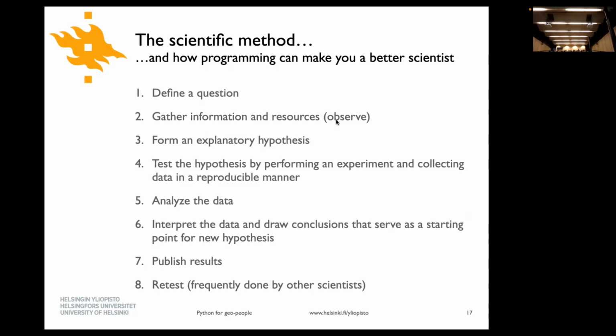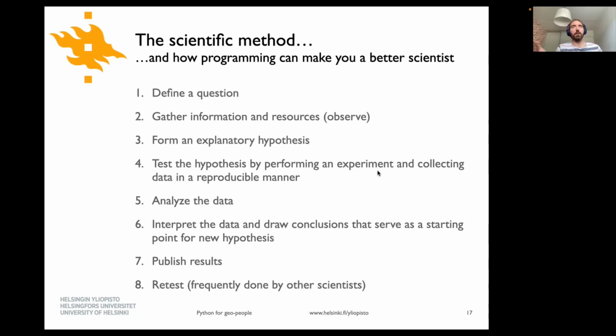So you might collect your observations or papers, gather your resources, and then, on the basis of those resources, come up with some hypothesis you want to test. And then you would test your hypothesis using an experiment.